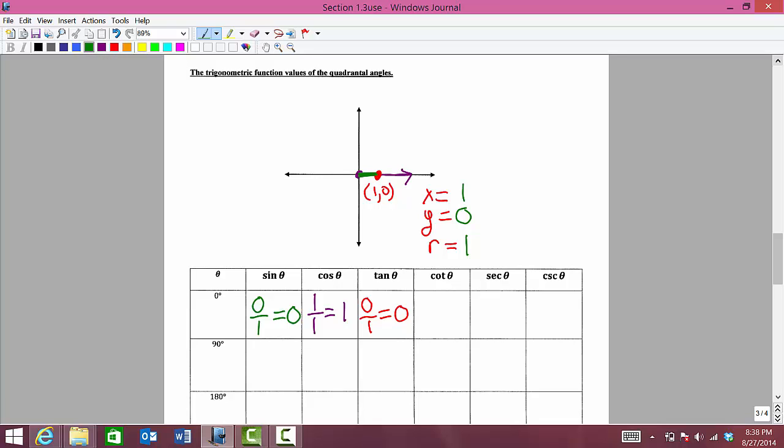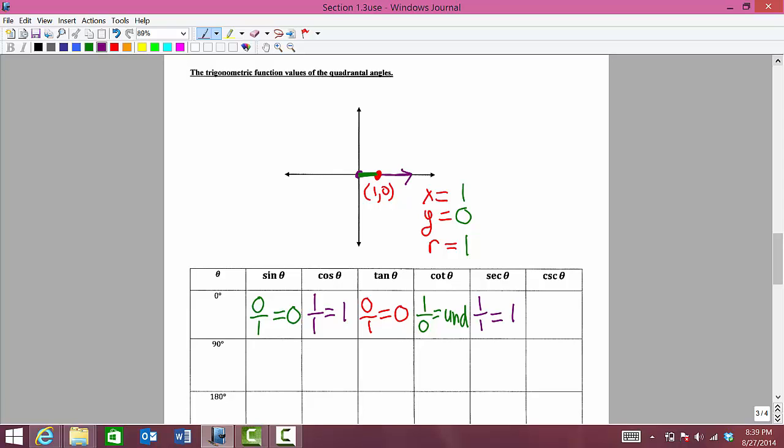Cotangent is the reciprocal of tangent, so that would be x divided by y. And 1 divided by our y value of 0 would be undefined. Secant is the reciprocal of cosine. That would be r divided by x.